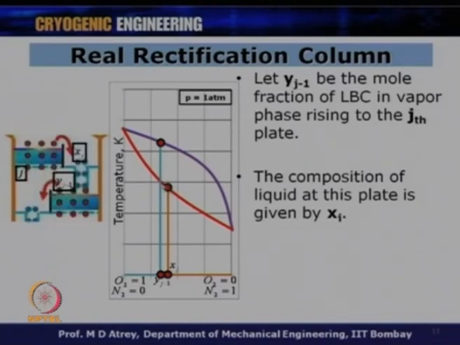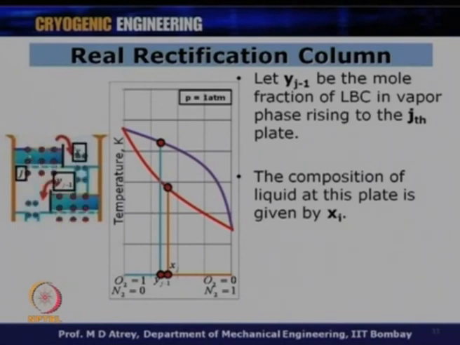And therefore it is very essential to note that you are going away from ideality, when we said earlier that during the phase transformation the molar composition remains the same. But no, the actual molar composition will not remain the same, because all the vapor will not get condensed here, only part of it will get condensed over here, and therefore the composition of the liquid in this plate above this vapor is going to be given by this Xj parameter.